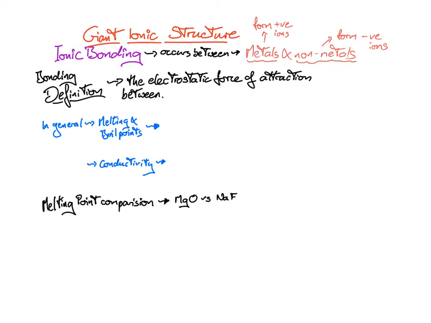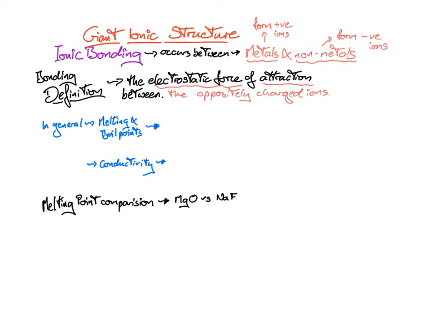Those oppositely charged ions will attract each other with an electrostatic force of attraction, and that then gives us our definition, as you will know from ionic bonding: the electrostatic force of attraction between the oppositely charged ions.